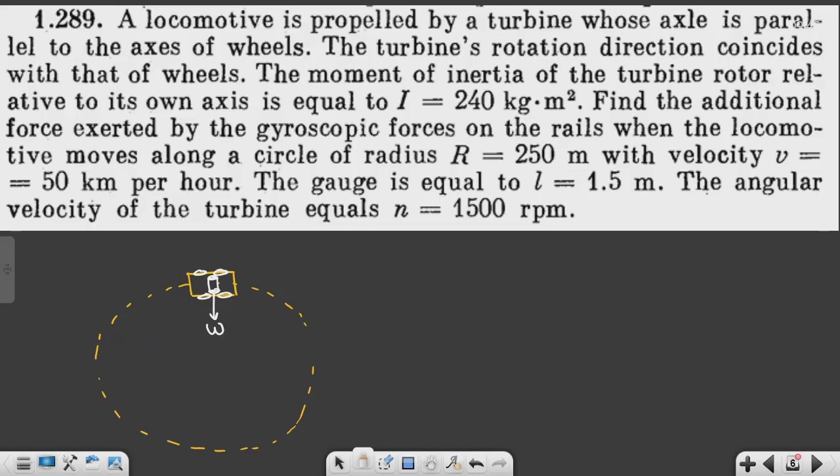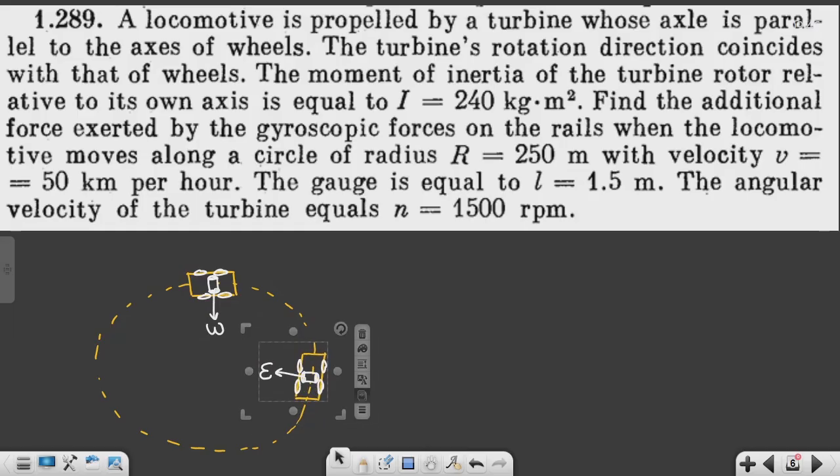Now when the train reaches out here, suppose let me draw this entire diagram. When the train reaches out here, the angular velocity would be in this direction, isn't it?